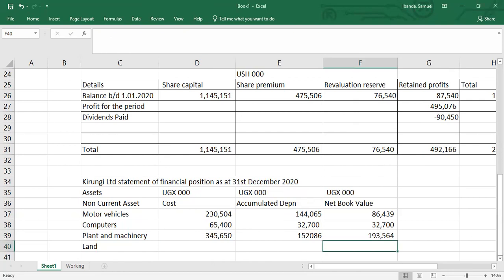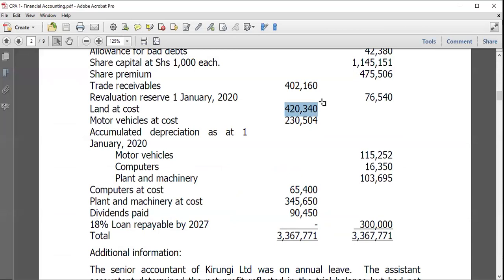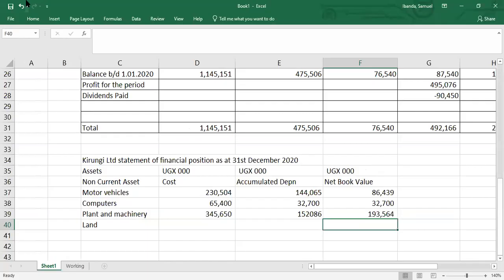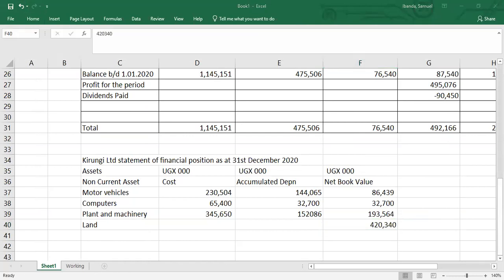So what I need also to do is check out for land. Land at cost is 520. Land does not depreciate, so I'll take the value as it is. So land, I'll just take it in the column of net book value right there. Its cost is the same, so maybe you want to put the cost here.